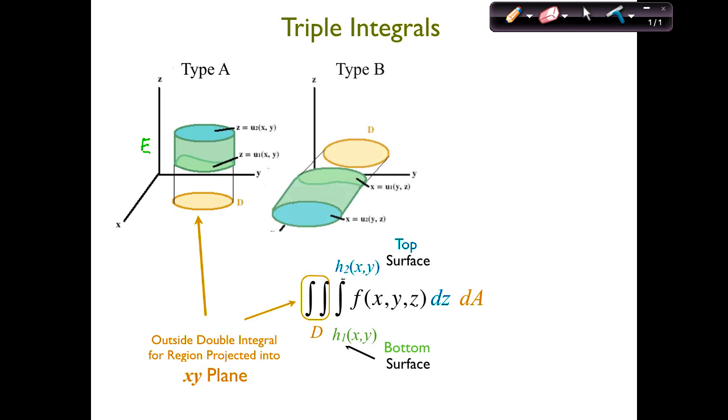Type B. Type B is where we're going to take that solid, and our surface to surface is going to be based on the picture here. What's our inside integral going to be for the surface to surface? So for type B, what's the first variable? Instead of dz, our first variable is going to be x, right? X will be first.